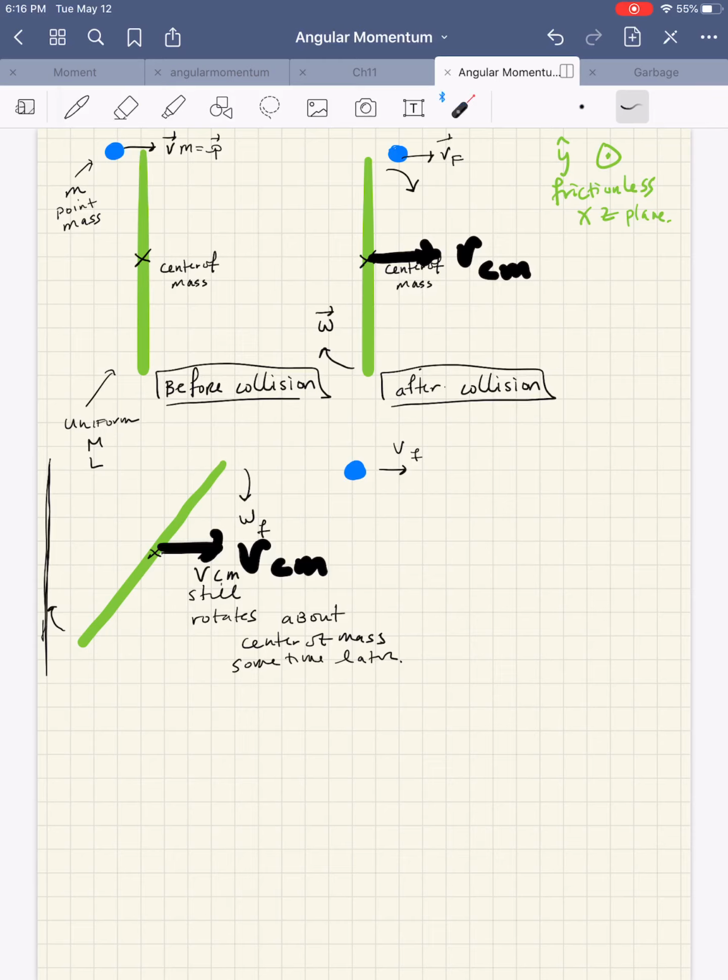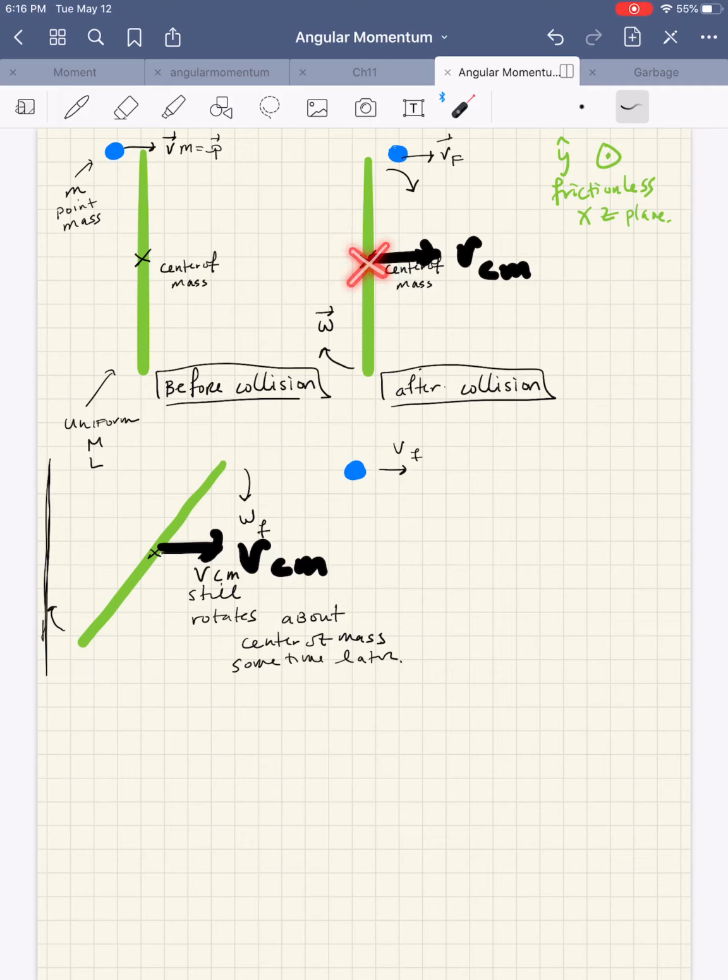So this object is both translating and rotating simultaneously after the collision because it's not pinned down. So there is a net force from the collision that acts on the system, right? The sum of forces allows for acceleration of the center of mass at that time, and after that it's just going to cruise along with V center of mass. So because it's not pinned, it moves.